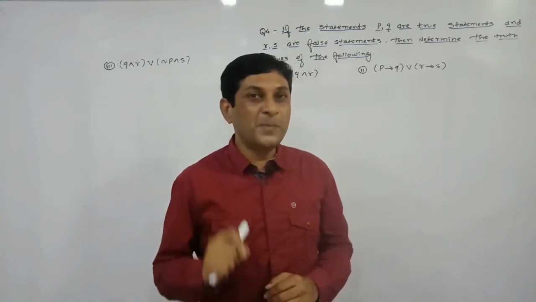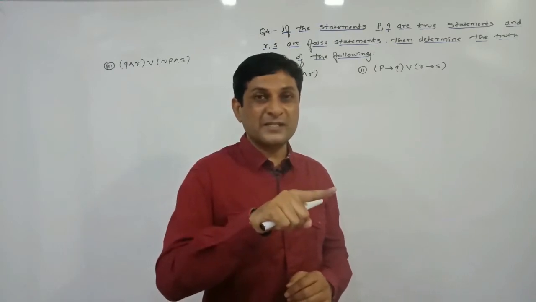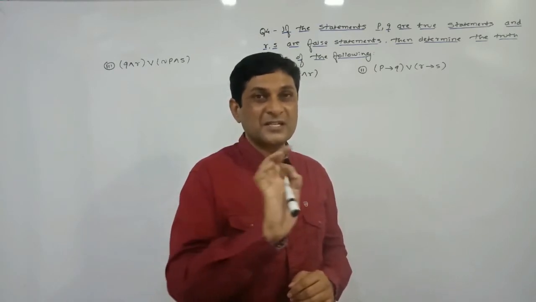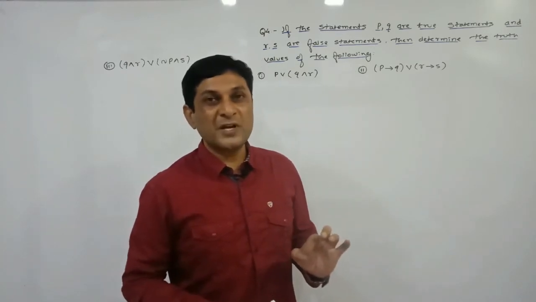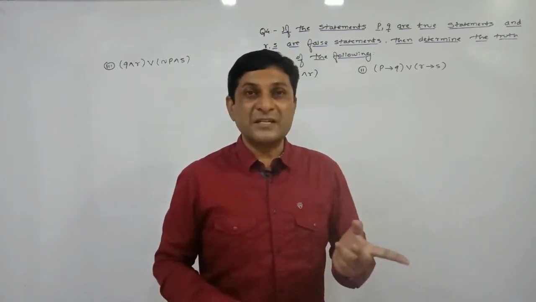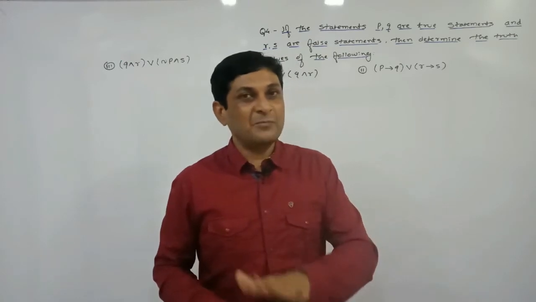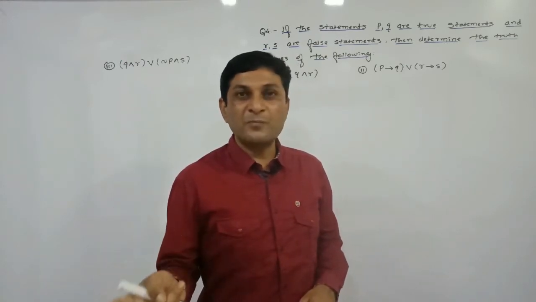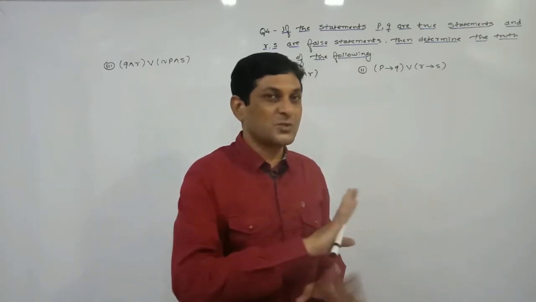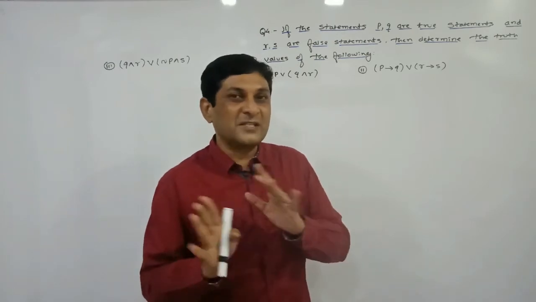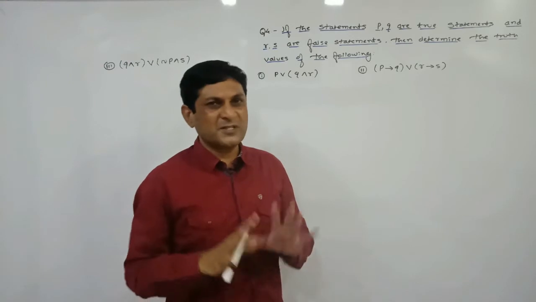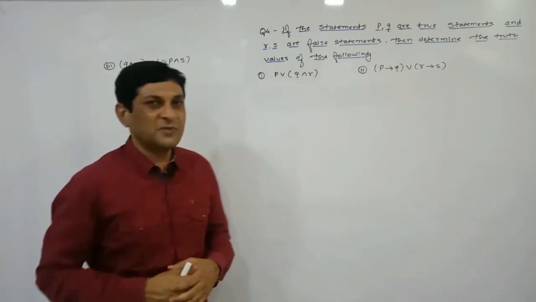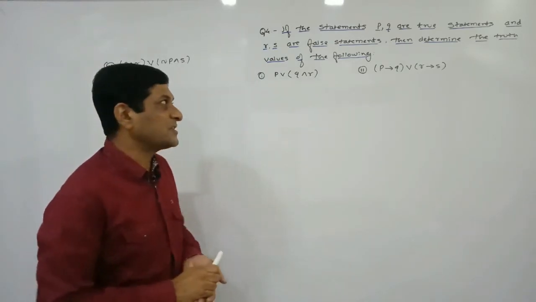In case of implication, only when TF appears can we say that the statement is false, otherwise true. In case of double implication, if truth values are identical, means both are true or both are false, double implication is true. If the truth values vary, if one is true and another is false, at that time double implication is false. Remember these results, using which we are finding the truth value of a given statement.